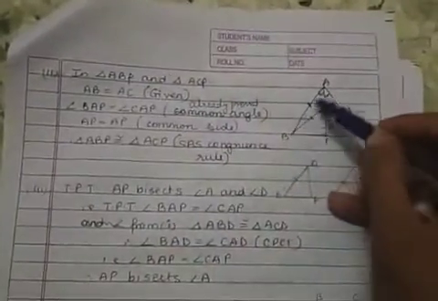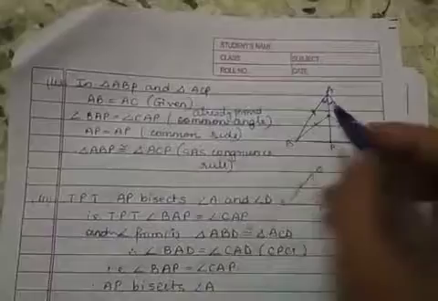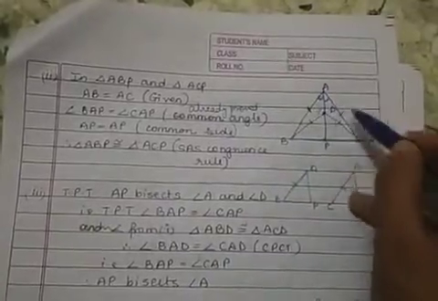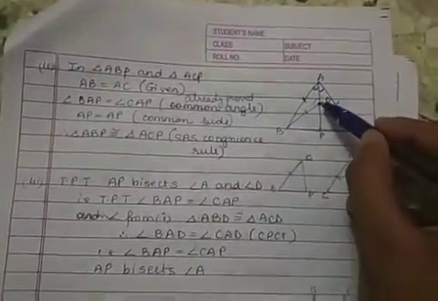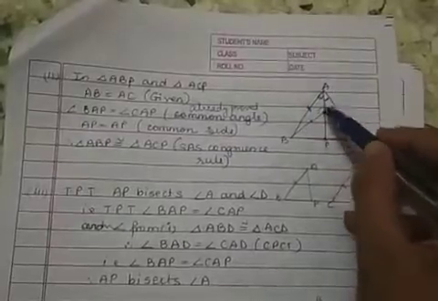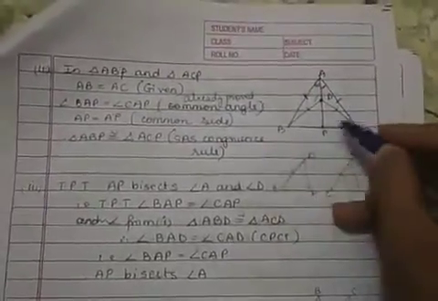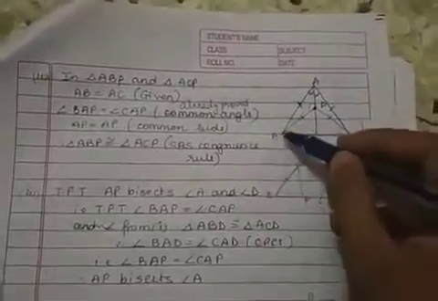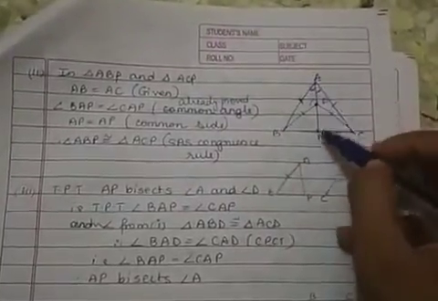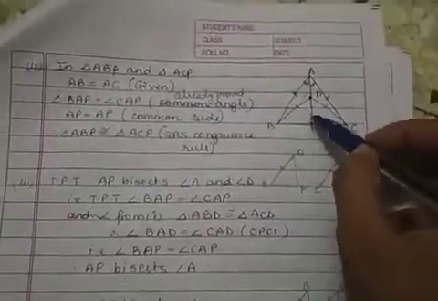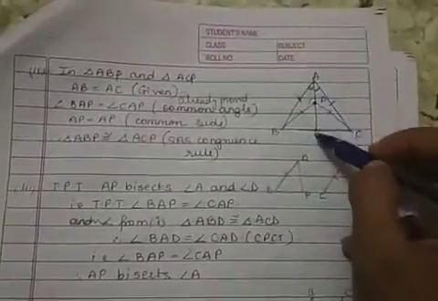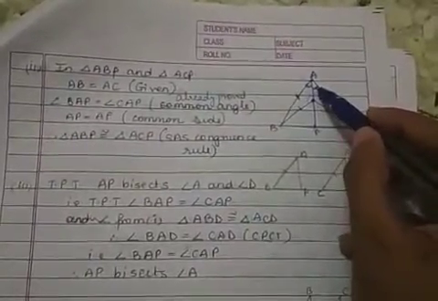But we already know from 1 that triangle BAD is congruent to triangle CAD. So angle BAD is equal to angle CAD by CPCT. So we already proved this. It is the same as saying angle BAP is equal to angle CAP. So we can say AP bisects angle A.